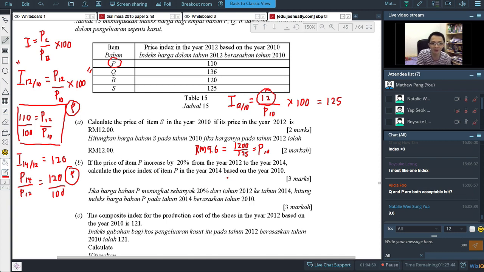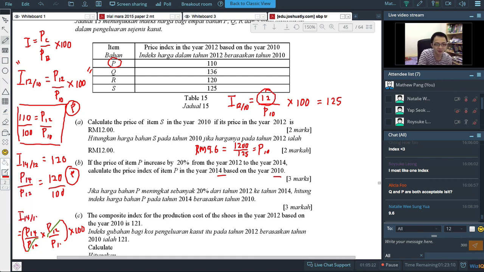The question asks you to find the price index for 2014 based on 2010. So this one is very easy. I use price 14 over price 12, multiplied by price 12 over price 10, multiplied by 100. You just imagine here, the 12 and 12 you can simplify.